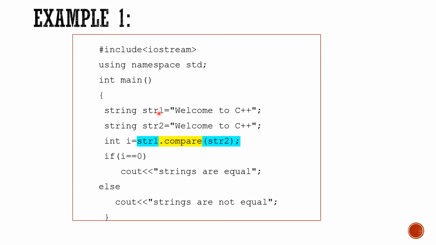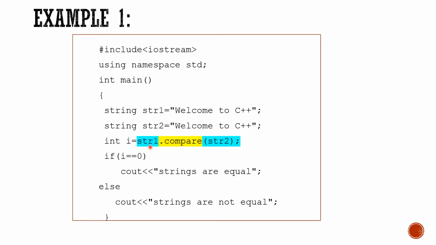Then we want to check whether string 1 and string 2 are equal or not. What we do is declare one variable to store the return value of this statement. For example, here we have int i. So i is of type int because the value inside it is going to be 0 or 1.